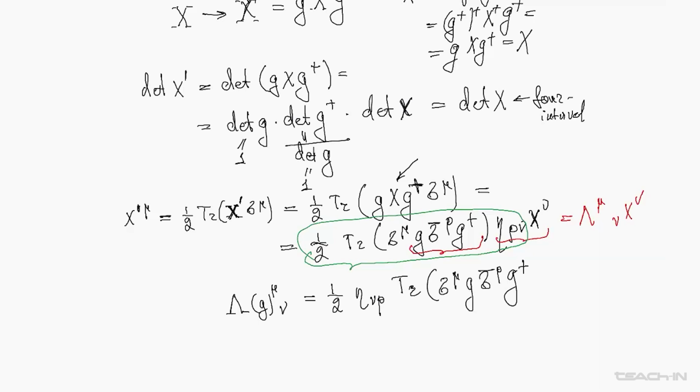Excuse me, from where does the last formula come from? I will explain once again. So what I have done, once again, watch what I'm doing. So I said x prime mu transformed. What you were writing is from the left. Yes, from the left. Okay.